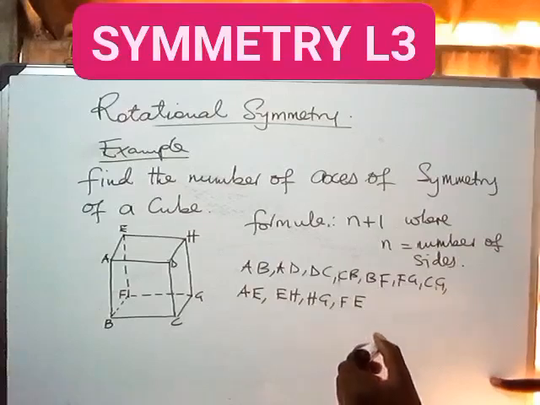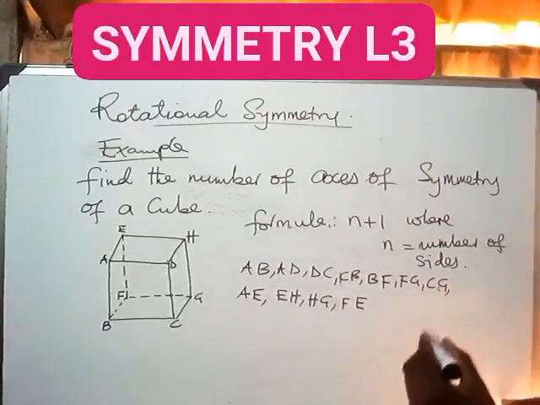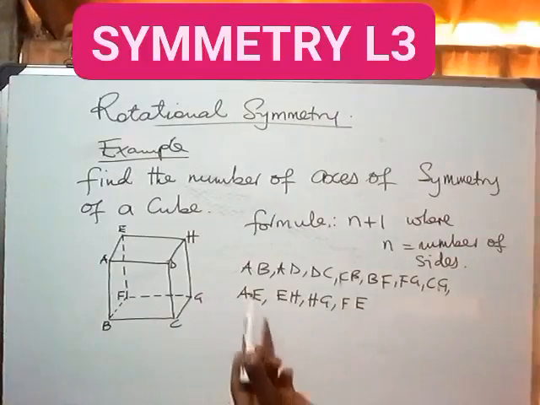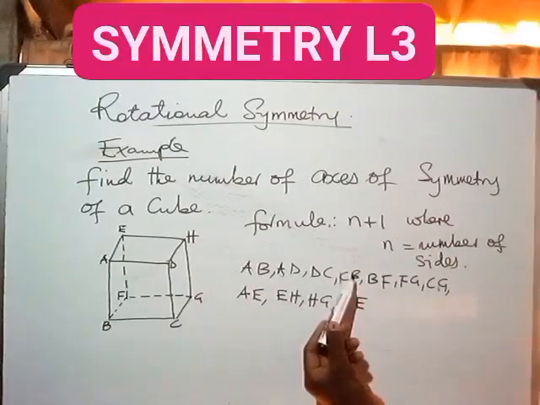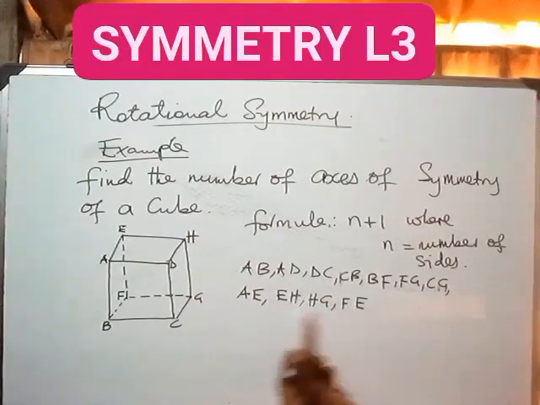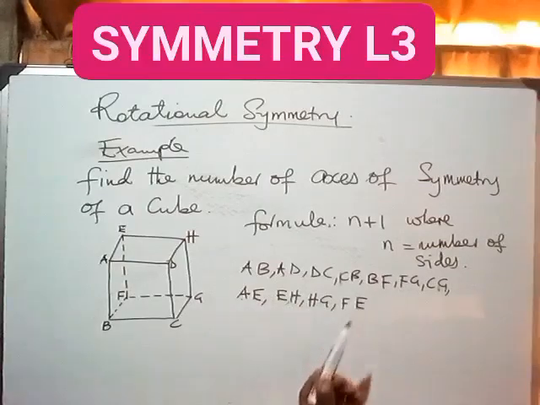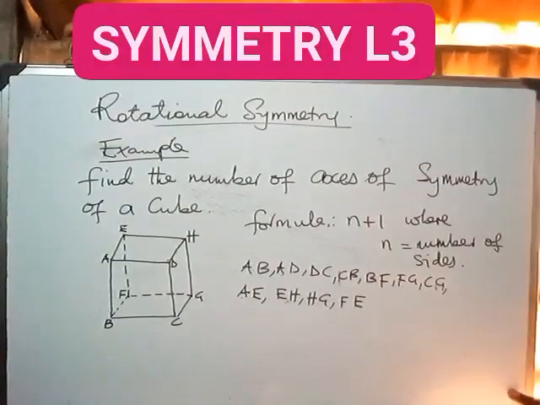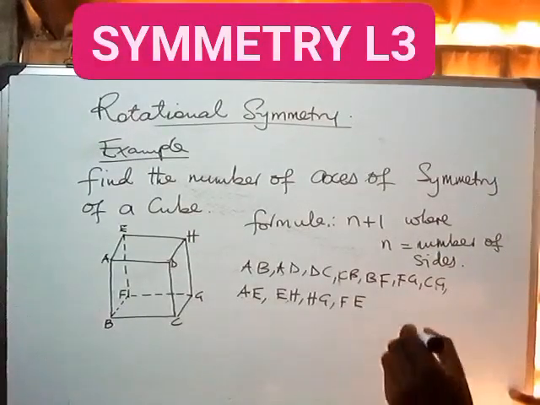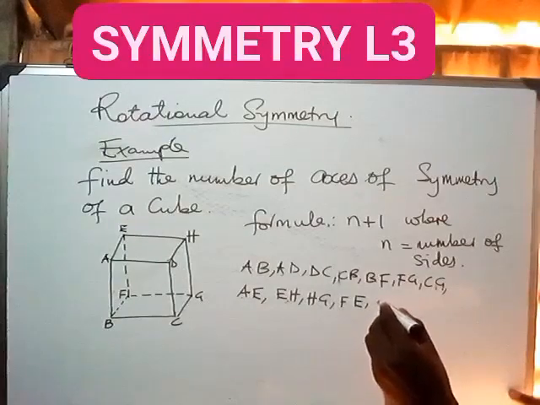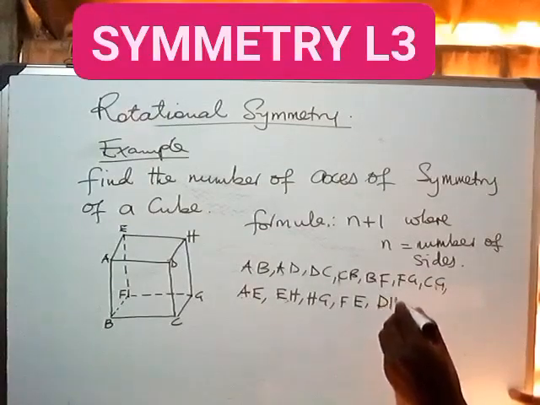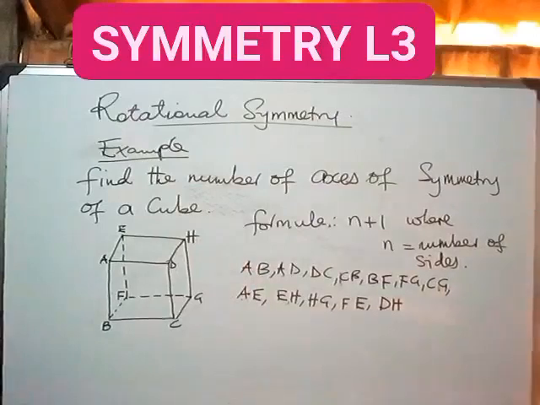No. I'm sure these are the sides we have. Do we have FG? Yes, we have. Let's count them. 1, 2, 3, 4, 5, 6, 7, 8, 9, 10, 11. There's one side remaining. What side is it? This side is DH.